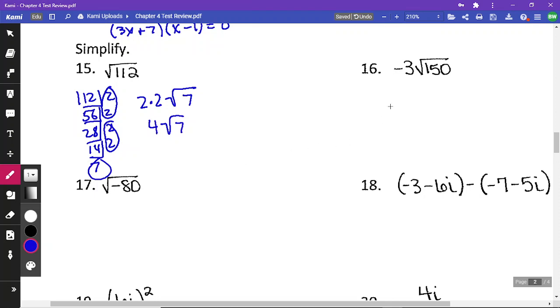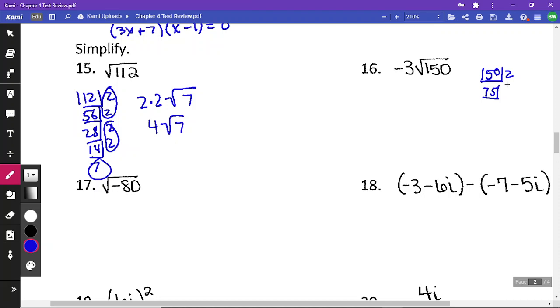Okay, so let's keep going. So this next one, well, the -3 is outside. That's no big deal. That's just going to stay outside. We have to deal with the 150. So let's do that. We do the cake. We got 275.